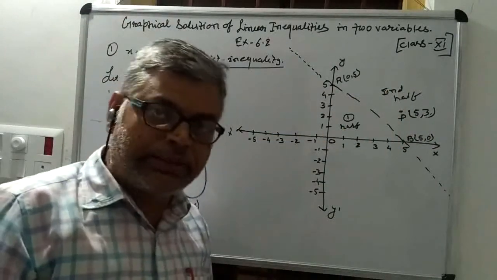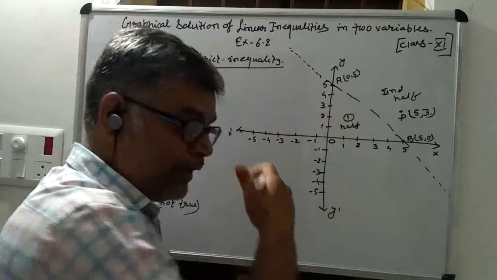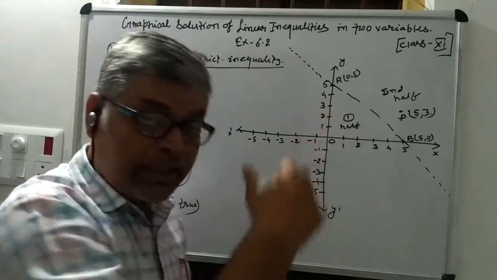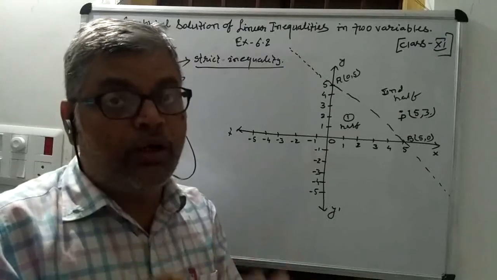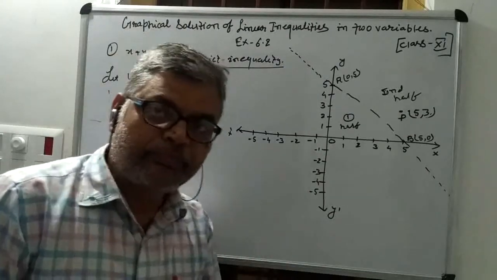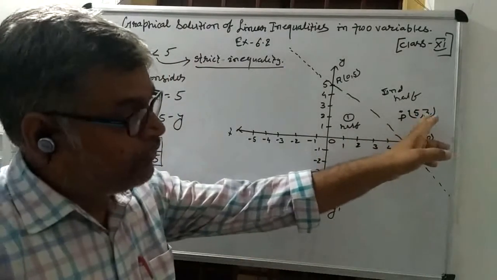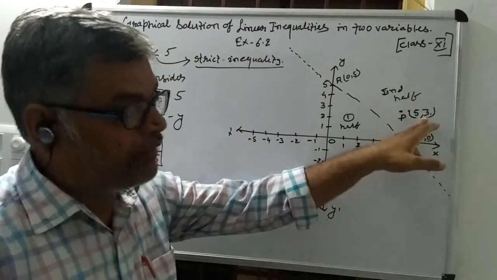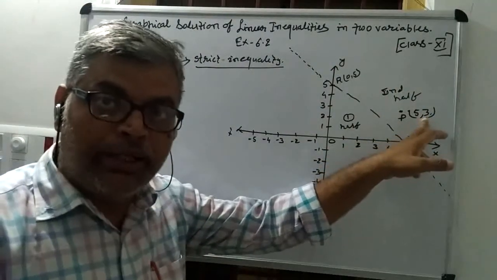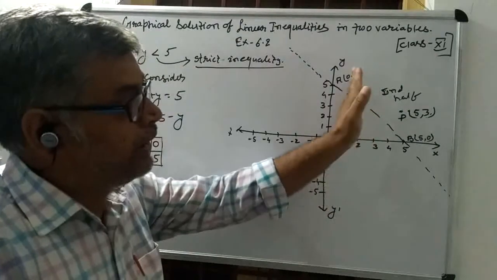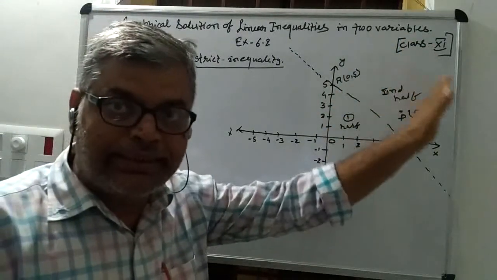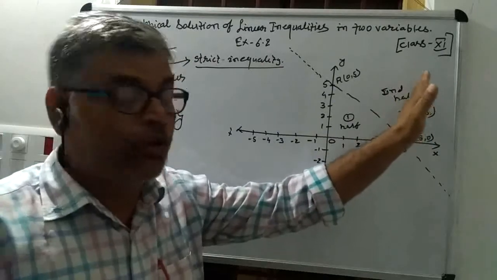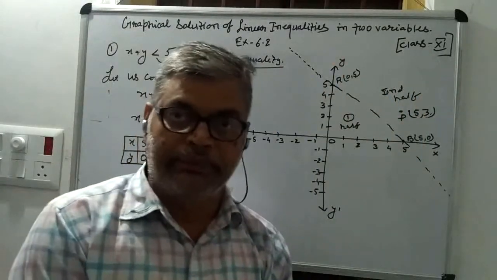So it is obvious that the left half or the first half will be the solution of the inequality. If this half satisfies the inequality, then it will be the solution region, or the points in this region will be the solution of our inequality.